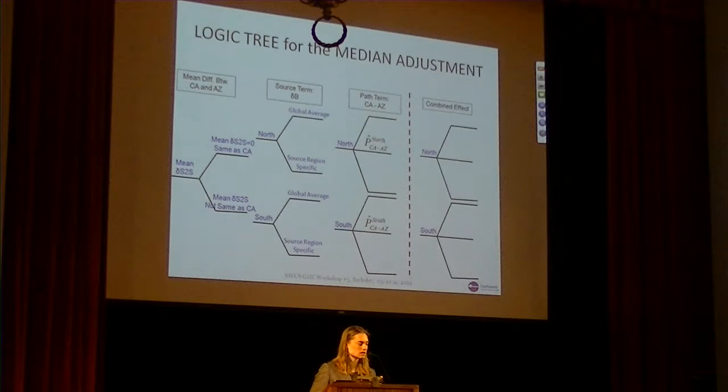Either that's the same as California or it's not. That's the first branch. Then we have our between event residual, our source term, for the northern region and for the southern region. So either we use a global average or a source region specific between event term.